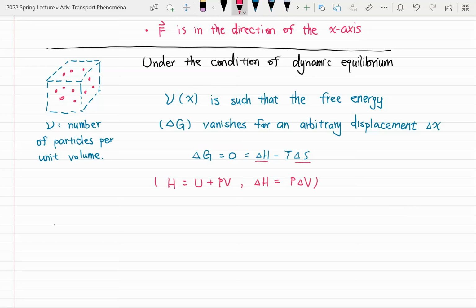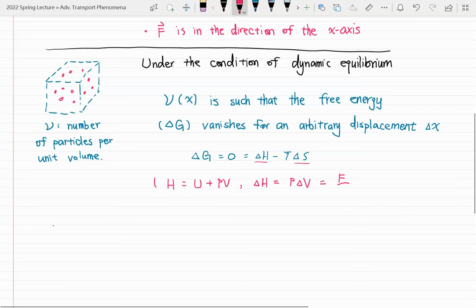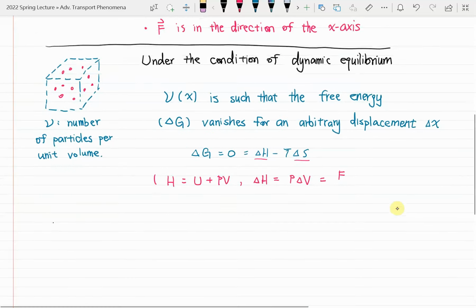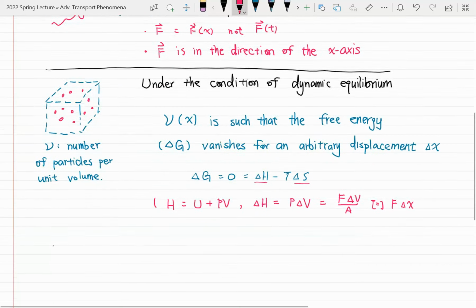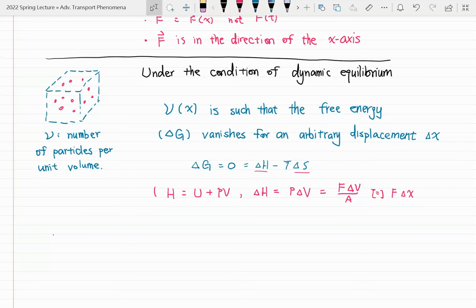And P delta V, if we continue the analysis here, P delta V is equal to what? Equal to the force exerted on a particle over the area. So F over A, or F delta V over A, and unit-wise equals F times the displacement X. Okay.